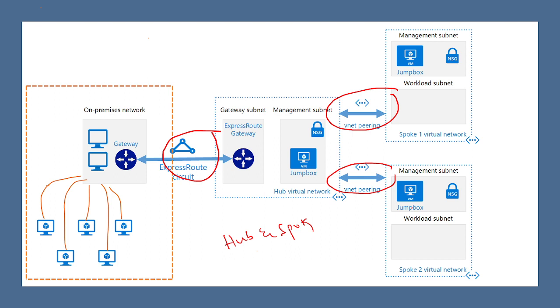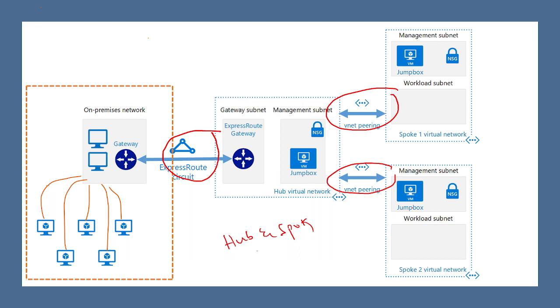We have multiple spokes for production workloads and multiple spokes for non-production workloads, and all the spokes are connected using VNet peering between the hub and spoke virtual networks. If you talk like this, the interviewer will not ask any questions, because he knows that you know the concept, and he'll just pass on to the next topic.